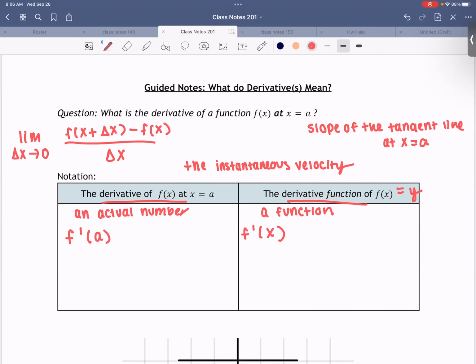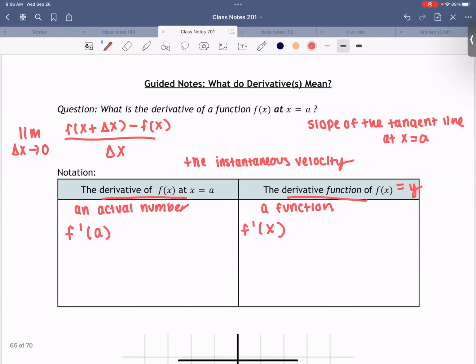Another way we might want to write the derivative function of f of x is d over dx of f. What this is saying is the derivative of f.